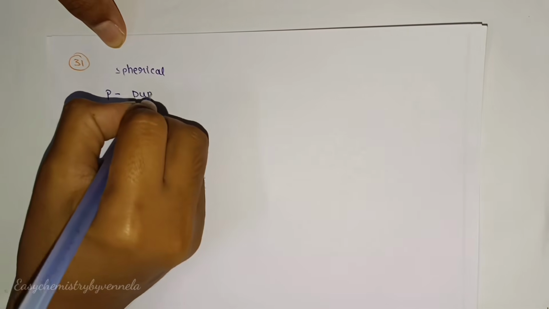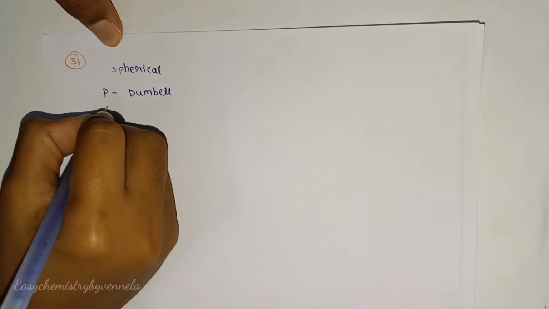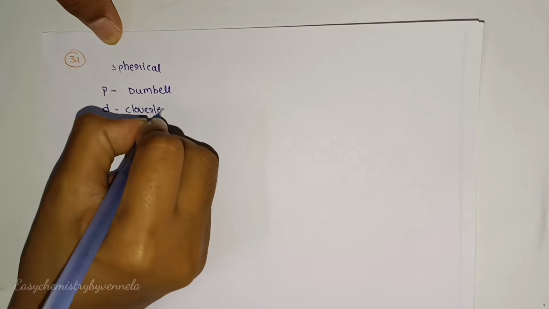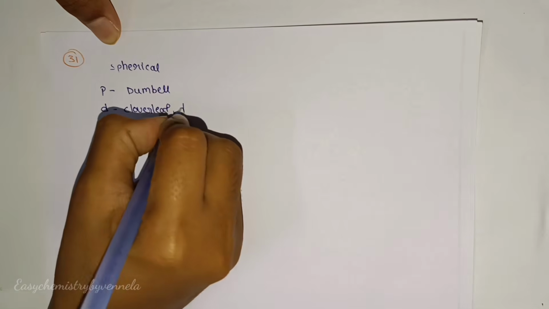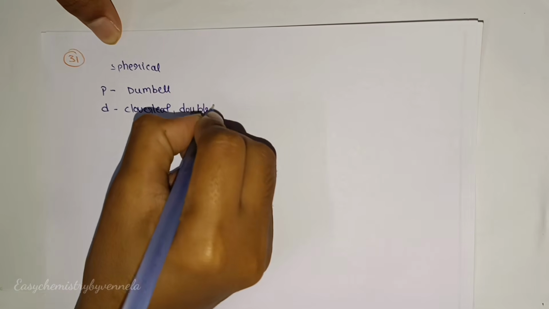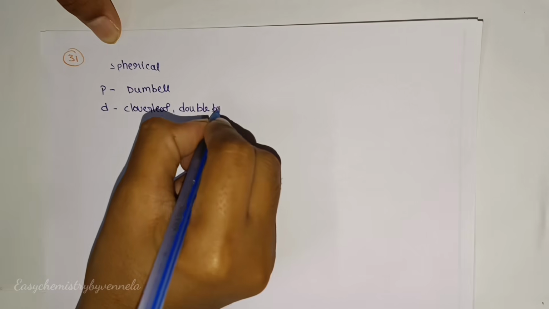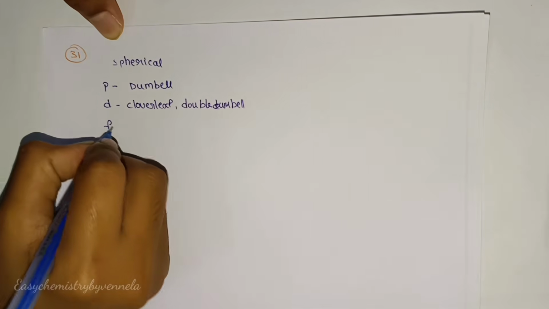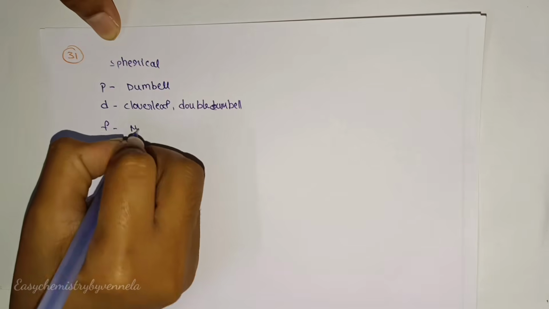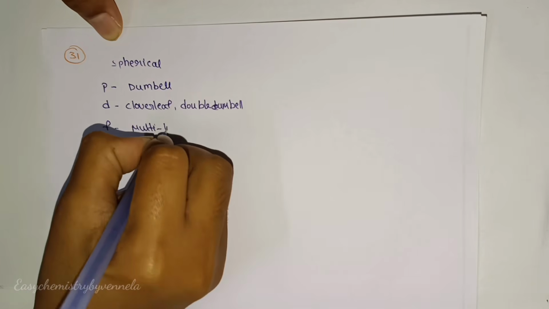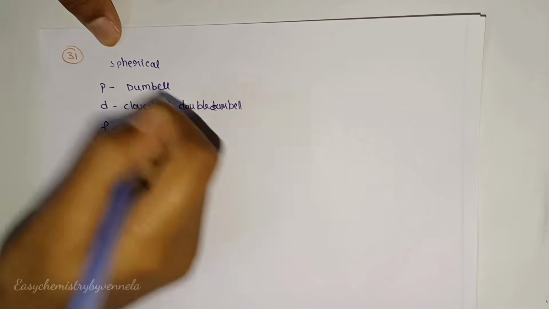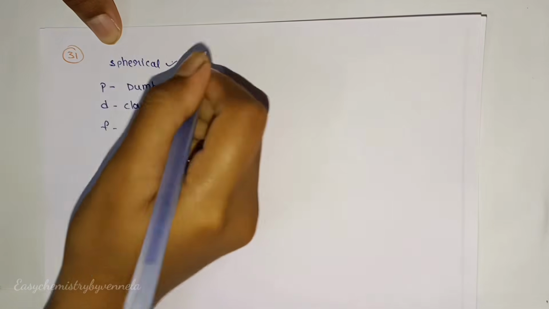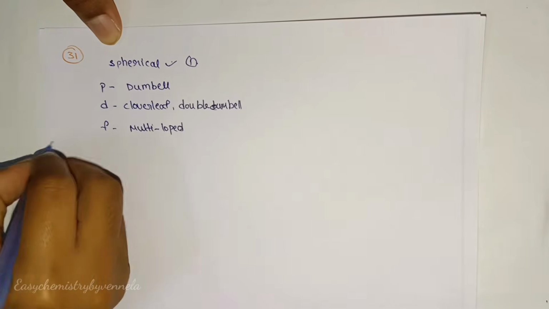And p orbital is dumbbell, d orbital is clover leaf or double dumbbell, f orbital is multi-lobed. So in the question they ask about the s orbital, so the correct option is spherical. First option is the correct one.